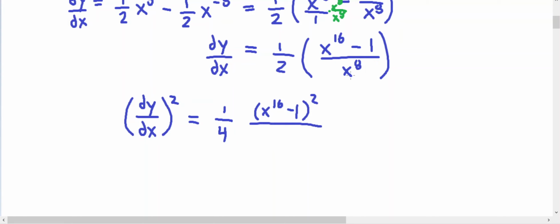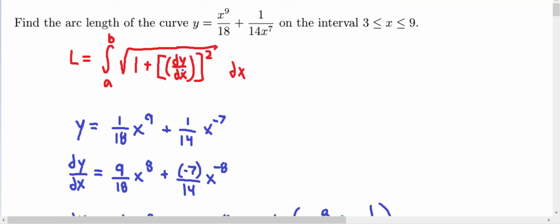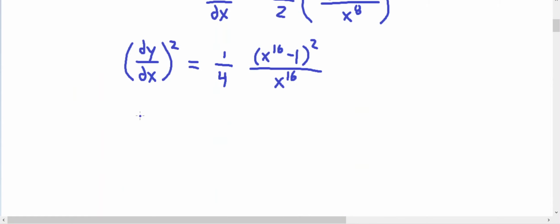All over x to the 8th being squared is x to the 16th. Okay, so in our formula now, we just need to add 1. We're just building this up as we go along. 1 plus the quantity dy dx squared. So this is just 1 plus this entire term. So we can literally copy and paste that.